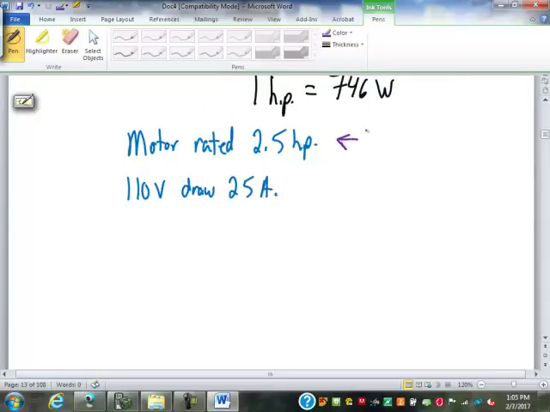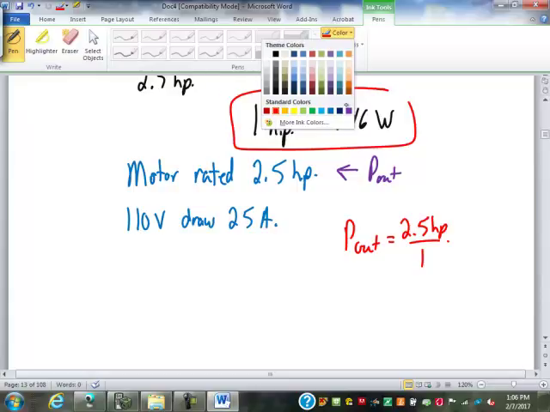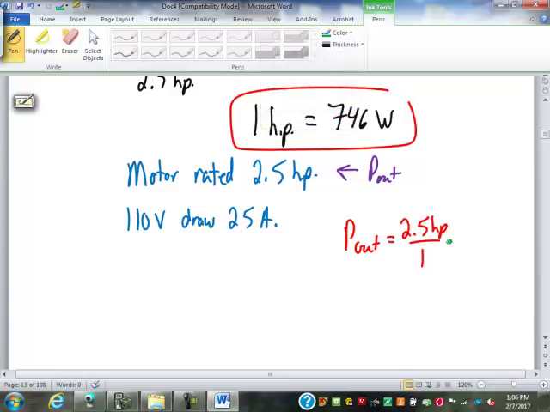Well, this is going to be the power out here. It's rated at 2.5 horsepower. So assuming it's achieving its power rating, that's its output. How am I going to change 2.5 horsepower into watts? Well, I'm given this equivalency here. 1 horsepower equals 746 watts. Do you guys remember how to do measurement conversions? Horsepower is going to go on bottom.